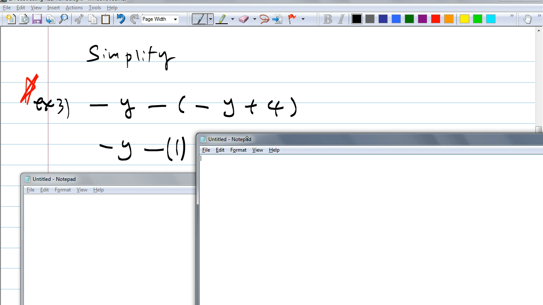What's 2 minus 3? How do you change 2 minus 3 into an addition? 2 plus negative 3. So how would you change negative y minus 1? Okay, everybody think about it. This is simple subtraction, isn't it? Because now I have this invisible 1, I just wrote it now.